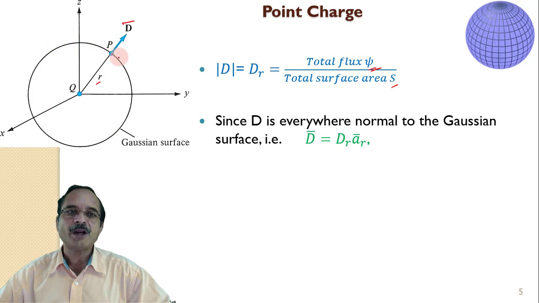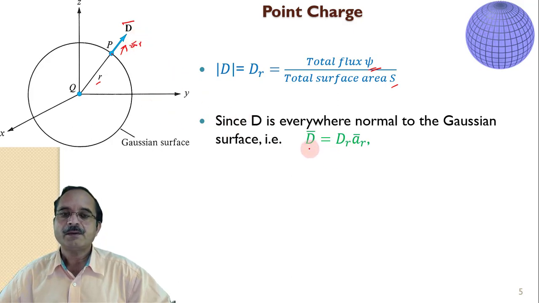If I consider this point P anywhere on the sphere, then D is always normal to the surface area of the sphere, and that means it is always oriented in the r direction, that is a_r.